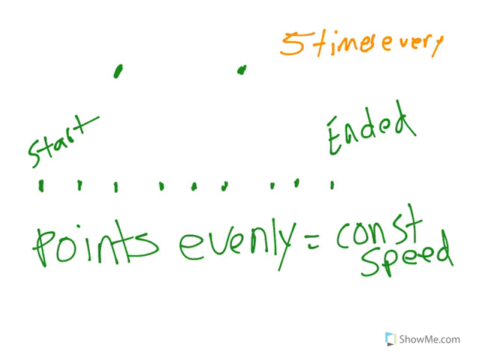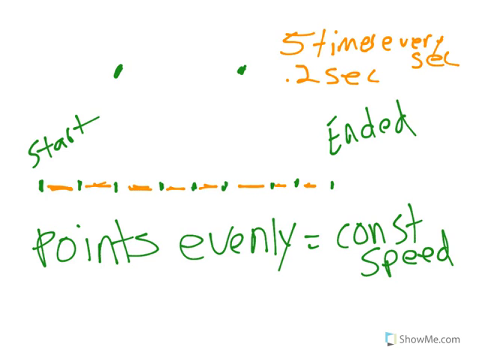So 5 times every second the light would flash, which means that the light was flashing every 0.2 seconds. And what that means is that the space between each of these dots was 0.2 seconds. So in order to calculate how long it took, the time, I just counted up the spaces between my dots.